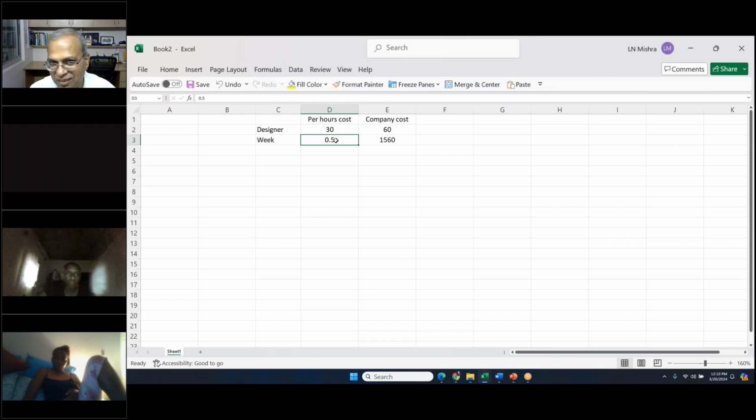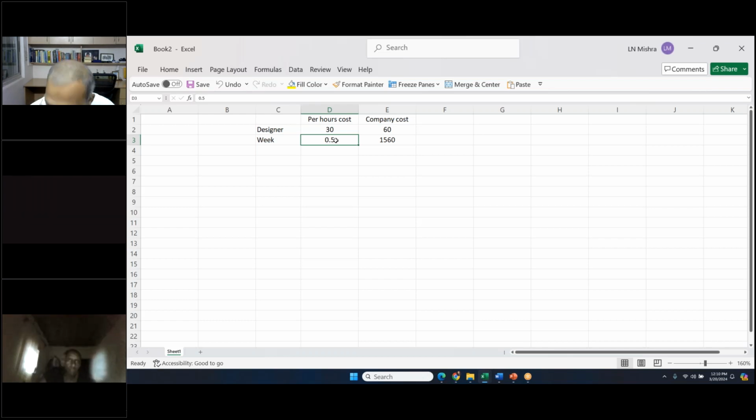Okay. Which is half hour per week. Half hour per week. That is a very conservative estimate. It's not an optimistic estimate. I think our developer takes a little bit more time. But even if you assume that the developer is really super smart, even then he or she is going to take half hour. Okay. Thank you. Just wanted to confirm that.